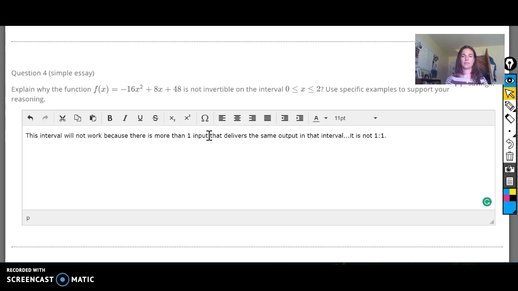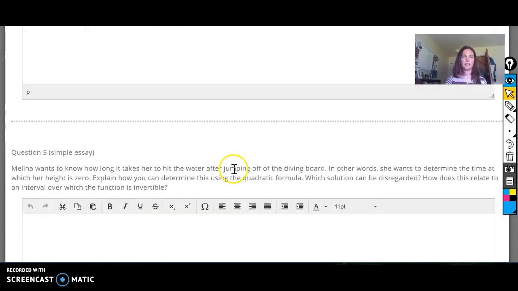So an example would be there is more than one time when she is at a height of 48 inches. Okay, hopefully that makes sense.